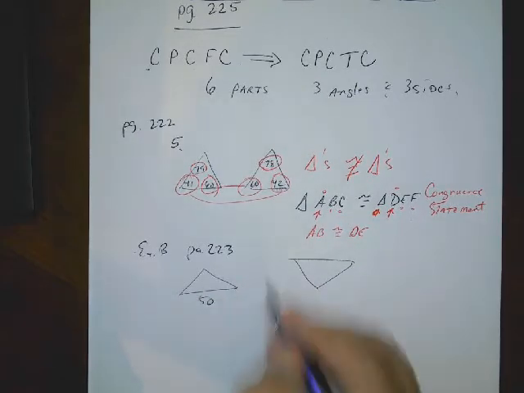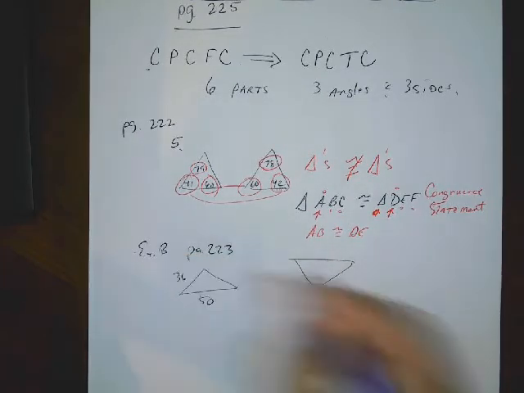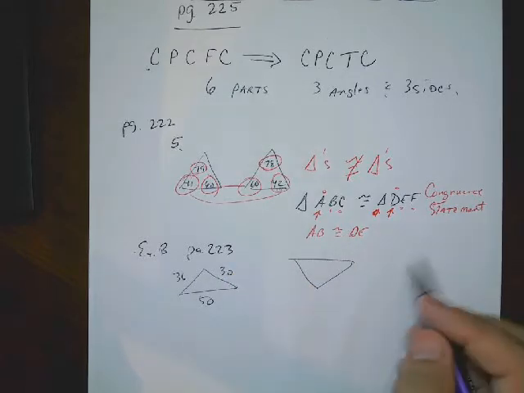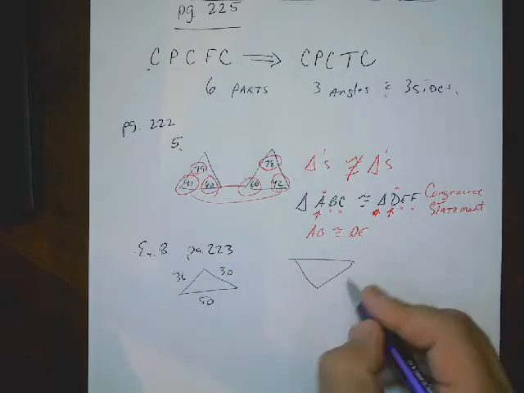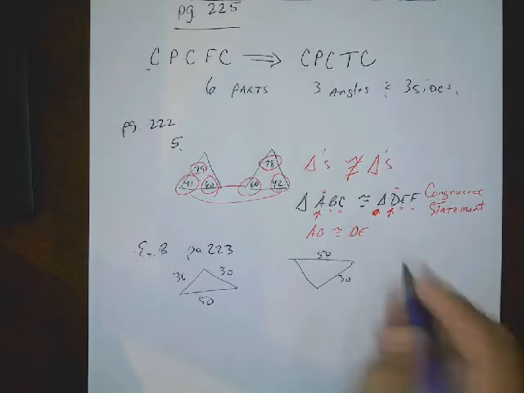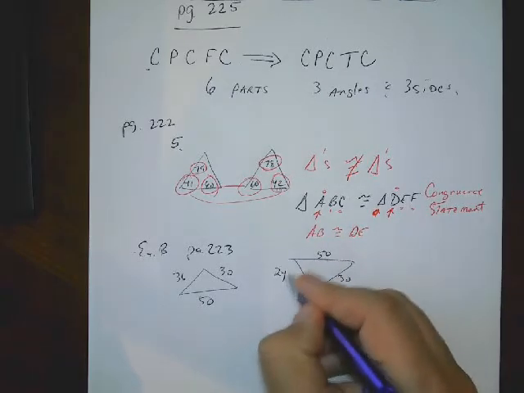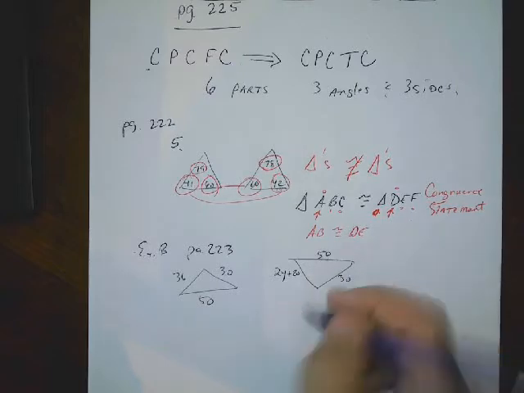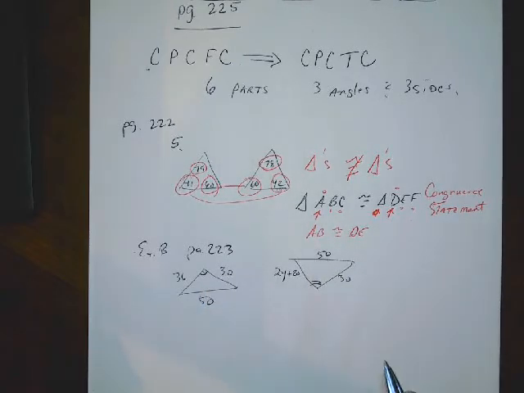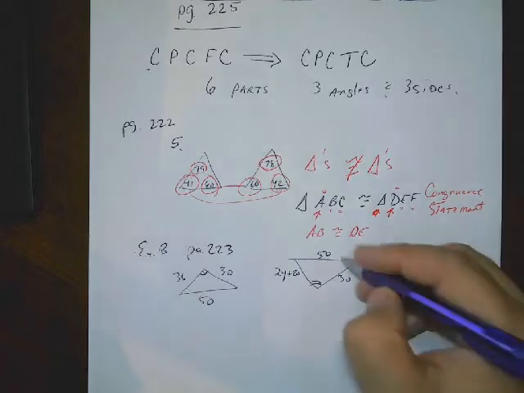This is 50, this is 36, this is 30, and then this is 30, this is 50, and then we've got 2y plus 20. And we've got some arcs here, 1, 2, 1, 2. And we've got arcs here.